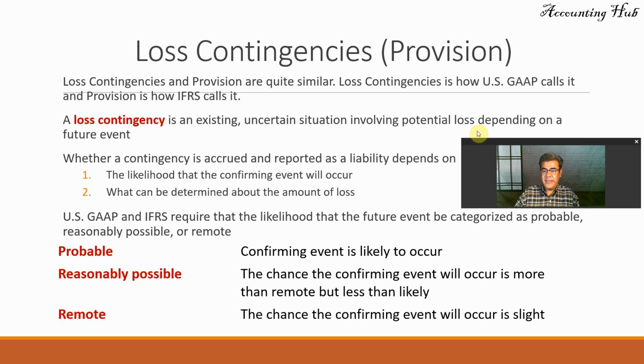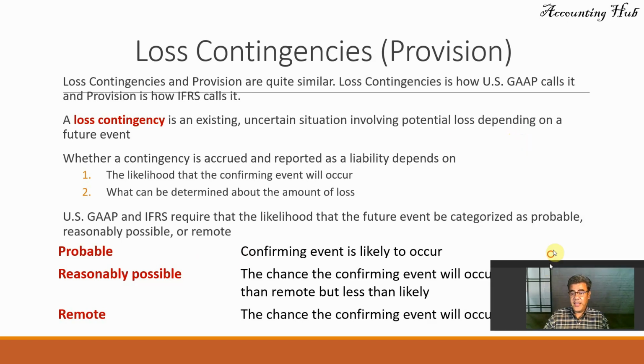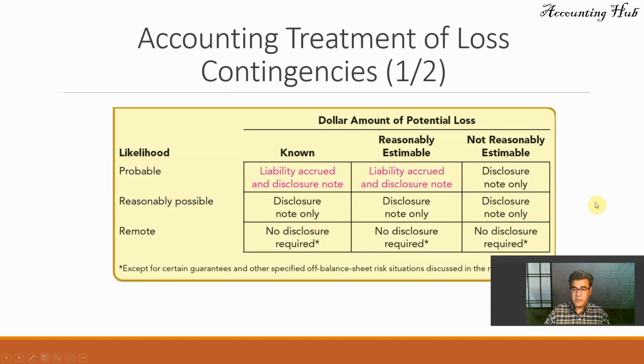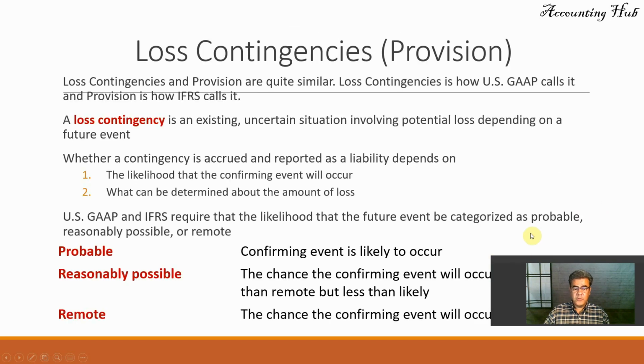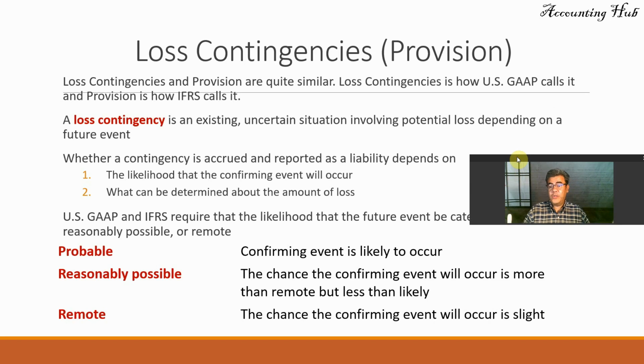So that is how we work, and in accounting we have the same. For instance, warranties. We sell some product. We are pretty sure that part of them will break and we will need to fix them. So a warranty is usually a probable loss contingency. However, what about an environmental accident where we will need to pay a lot of money in fees? Depending on whether I am a college, for instance, it's quite remote.